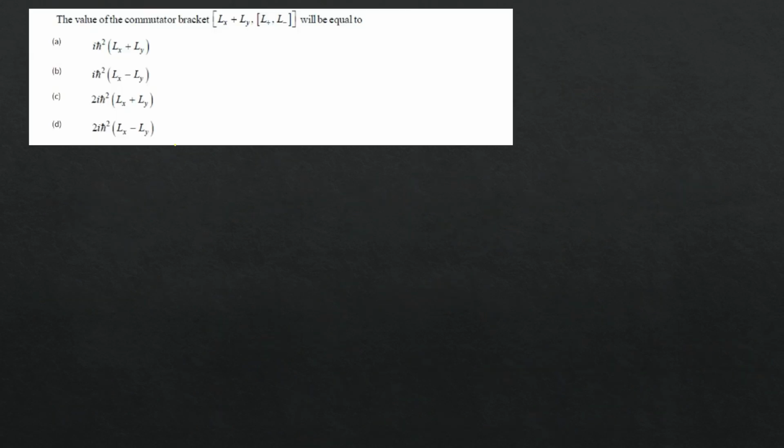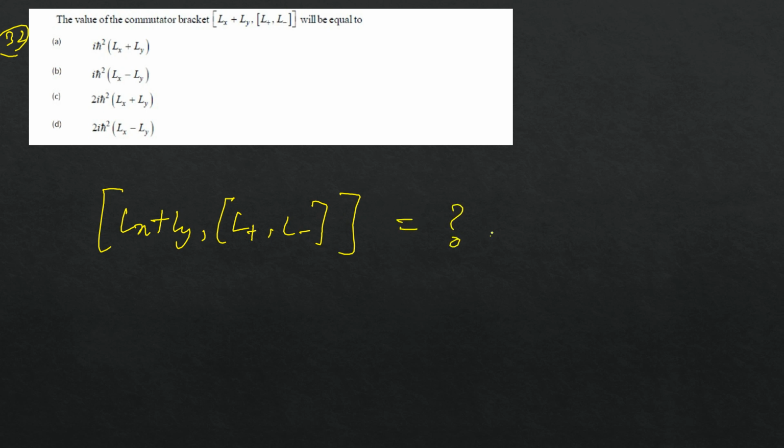Next question, 32. The value of the commutator bracket [Lx + Ly, L+ L-] will be equal to how much?